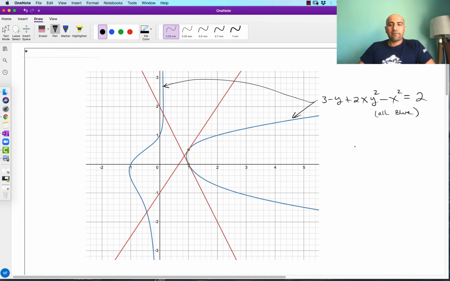We were asked to figure out the equations of the tangent lines when x equals 1, and then we figured out that there were two places where x equals 1. There was this point right there, the point (1, 0). And then there was also this point right there, which was the point (1, 1/2). Good. And then after doing a bunch of work, we figured out the tangent lines at those points.